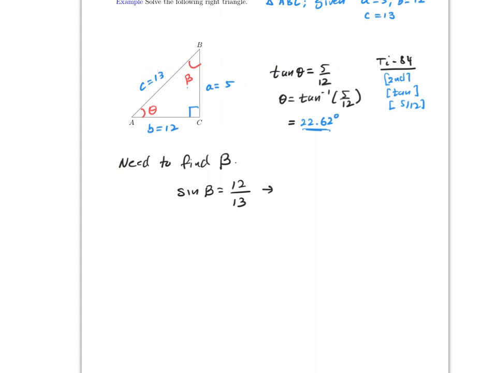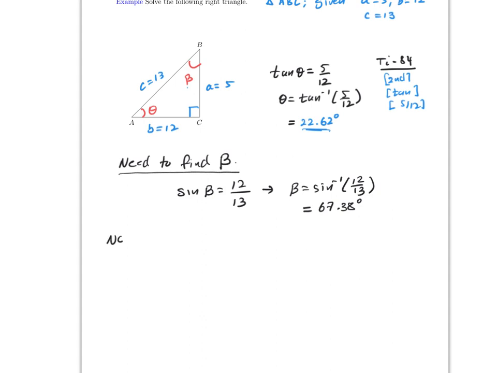So from here, beta is going to be sine inverse of 12 over 13. And again, using the calculator, it's going to be the same keys. You have a TI 83 or 84, second, and then you just click, in this case, sine, and then 12 over 13, and the answer is 67.38. Now notice that this plus that is clearly 90 degrees, okay?